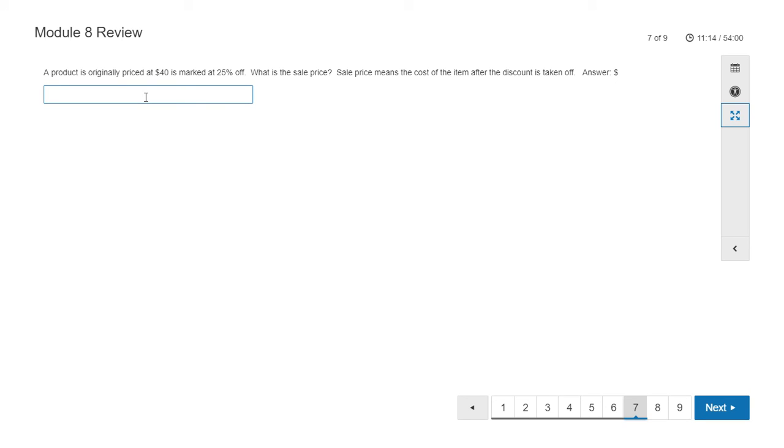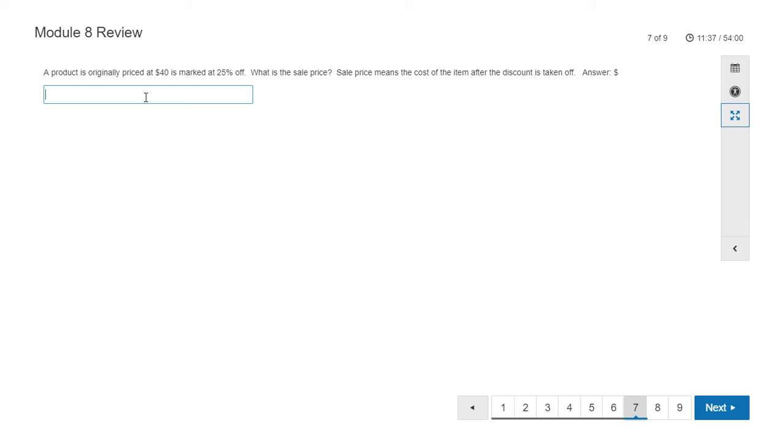I'm going to set up a proportion. Now, 25% off, what fraction does 25% equal? What benchmark fraction? 1/4. So if 25% is taken off, what fraction are you actually paying for? If 1/4 is taken off, then 3/4 is what you're paying for.